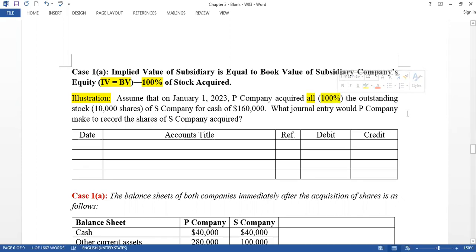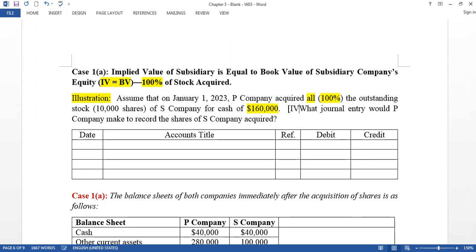100% of the subsidiary company. And how much cash paid? The cash paid $160,000, right? So if I ask you up to here, can you calculate the implied value? What is the implied value of this company? You paid $160,000 and you received 100% of their ownership, right?